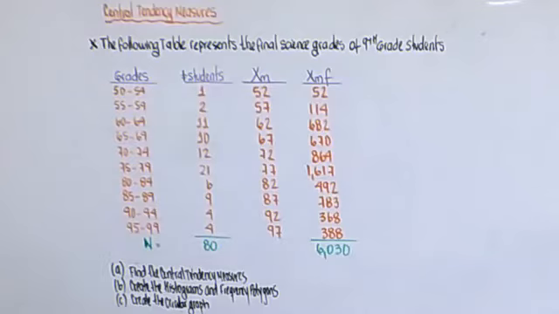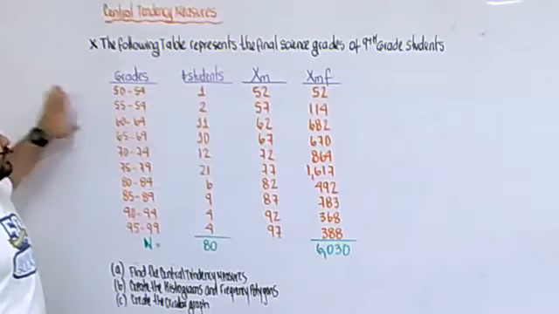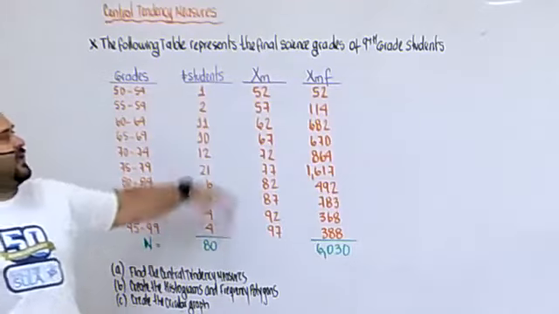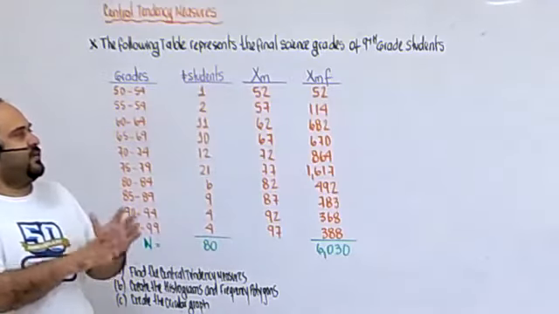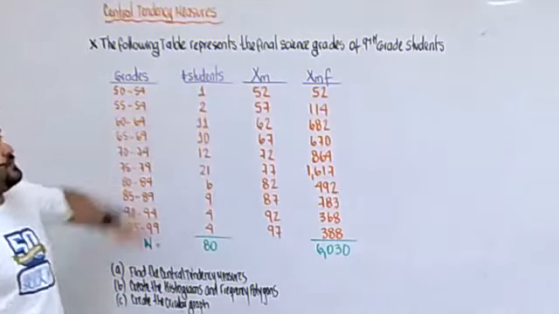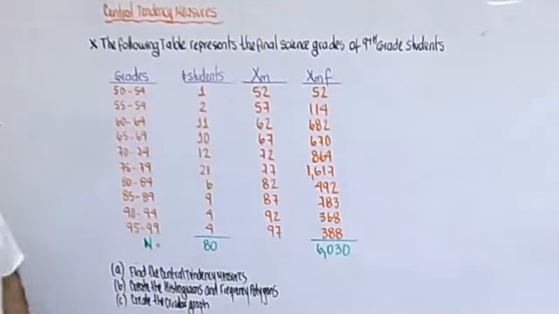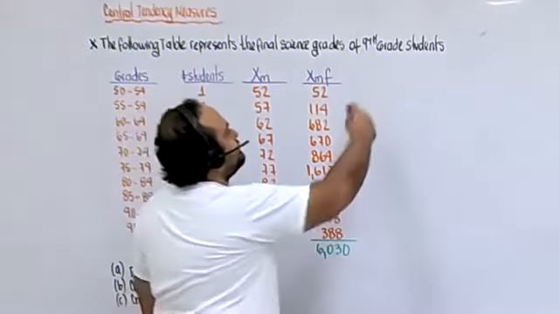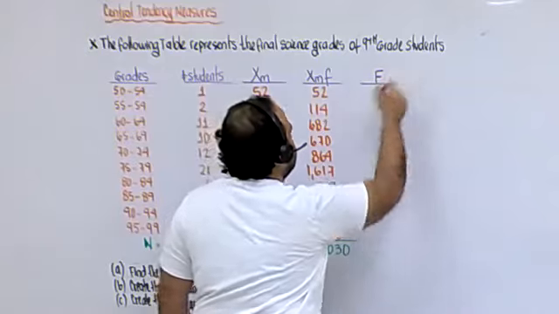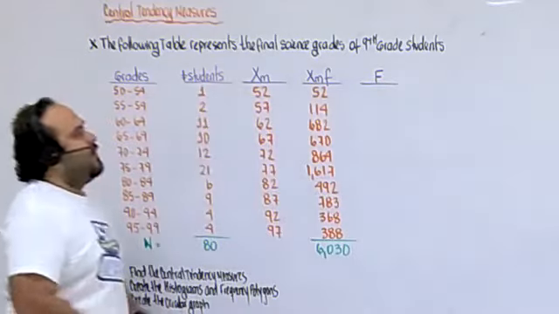Remember, now we have the interval class, absolute frequency, class mark, the product between the class mark and the absolute frequency. Now let's obtain the accumulated frequency, meaning the capital F. Why is it useful?